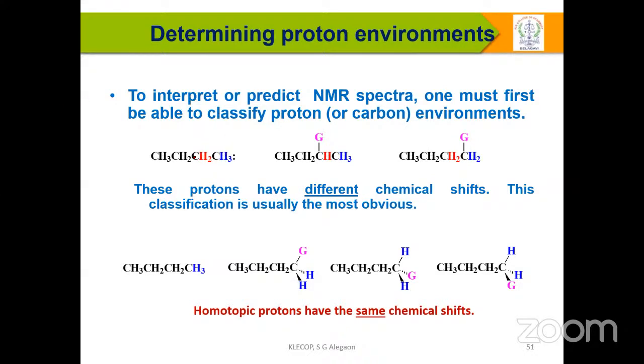If you see a red proton, and there are two protons, if you remove one proton and substitute one group, and replace the blue proton with another group, then these are in different chemical sets, because most of the time they are different molecular types. But with homotopic protons, even if there is a change in the position of the terminal group, we do not get any different chemical set, because they are in the same chemical environment in the NMR spectrum.